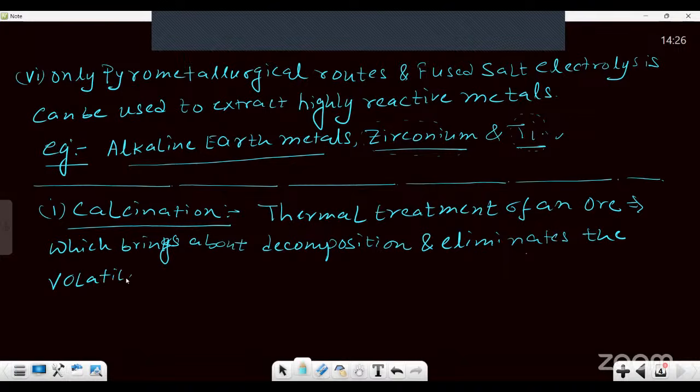So if there is a volatile product, it will move out, it will get eliminated.